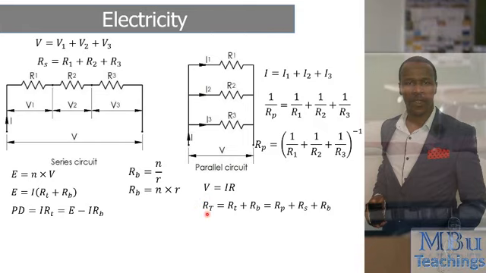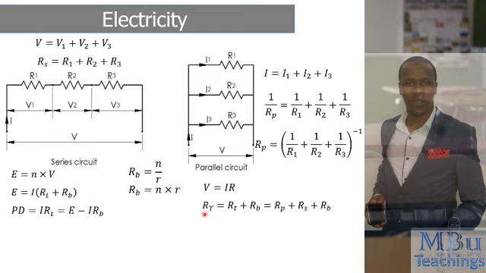In other words, if I wanted, I could have just substituted this by this total resistance, because this total resistance of the circuit plus the total internal resistance of the battery, when you add them up, they'll give you the total resistance in that circuit, both internal and external. So this is that total resistance.